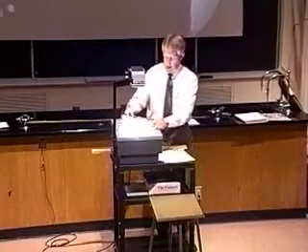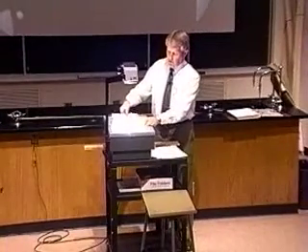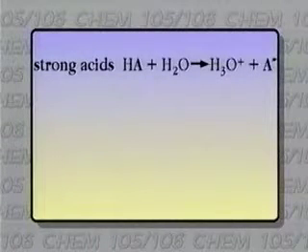All right? So let's take a look at how we can break down and take a little look at the chemistry then of what we categorize strong acids and weak acids. All right, first of all, looking at strong acids, and we could write the chemical reaction here.